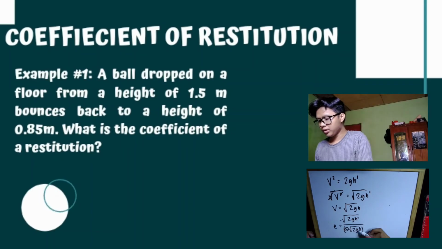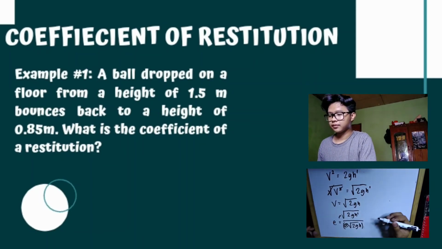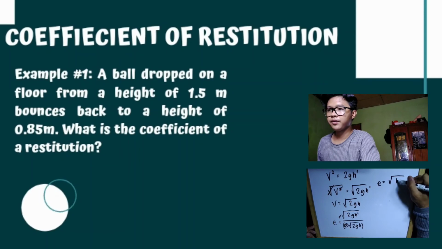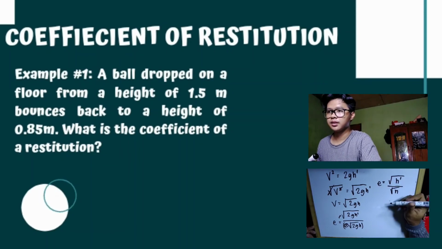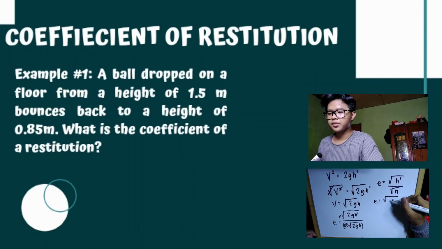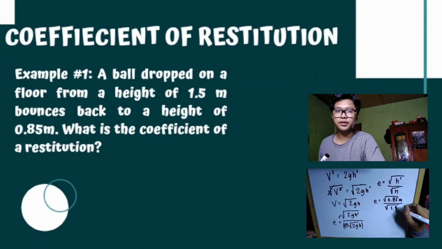So, 2g na lang yung matitira. Cancel natin. So, we have now E equals square root of h prime over square root of h. By substituting the value, E equals square root of 0.85 meter over square root of 1.5 meter.